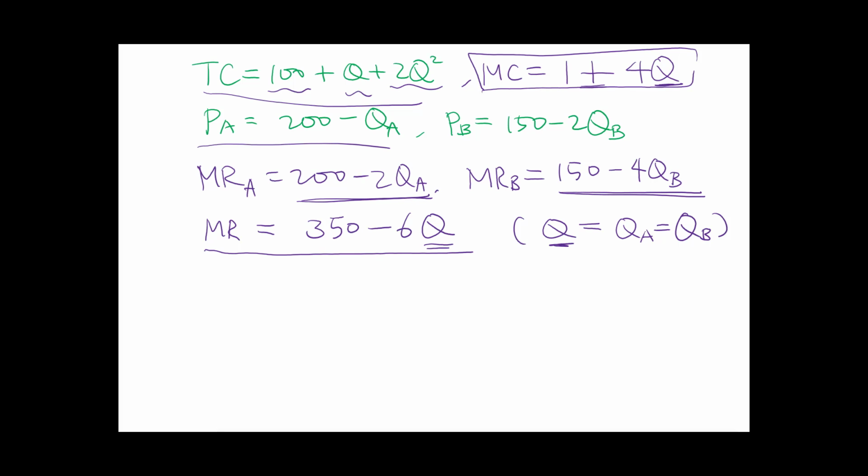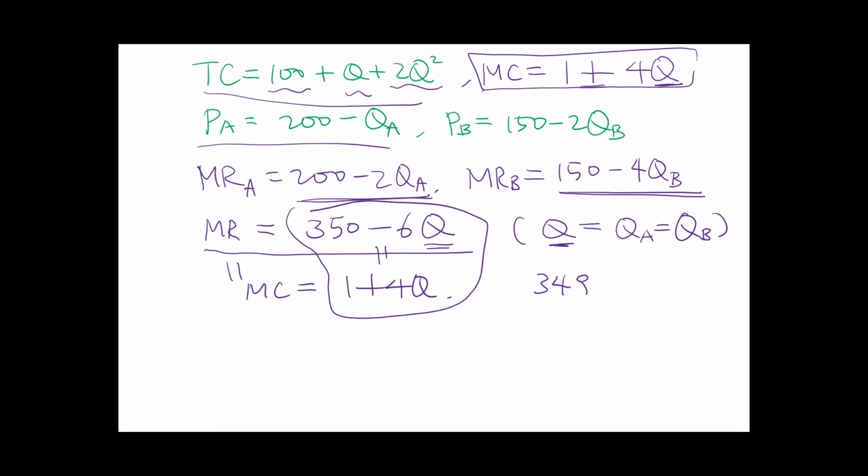Now I can apply the fundamental profit maximizing principle by equating this with marginal cost, which is 1 plus 4Q. So by equating these two expressions, I know 349 equal 10Q.